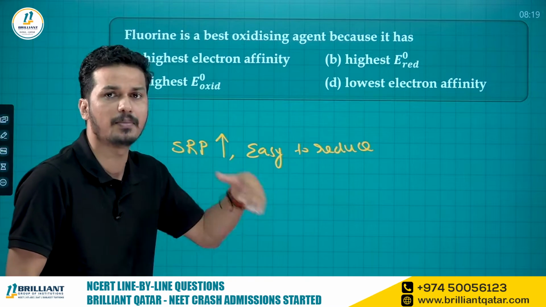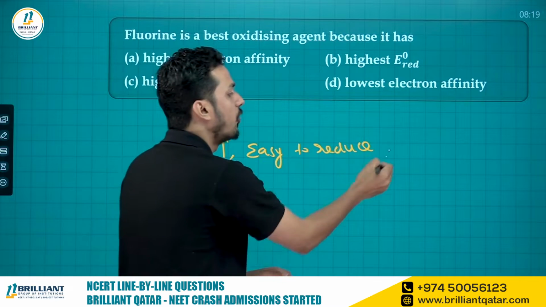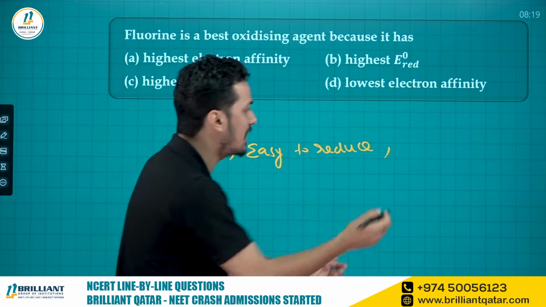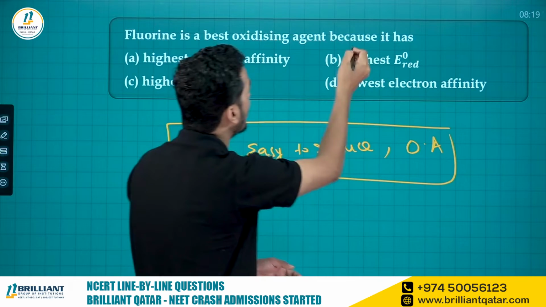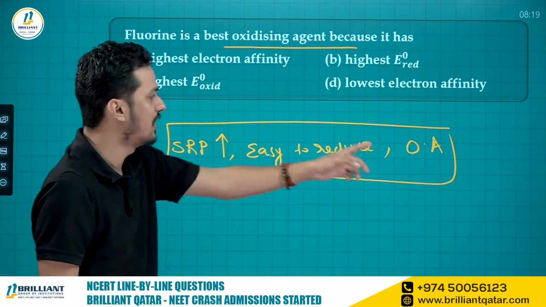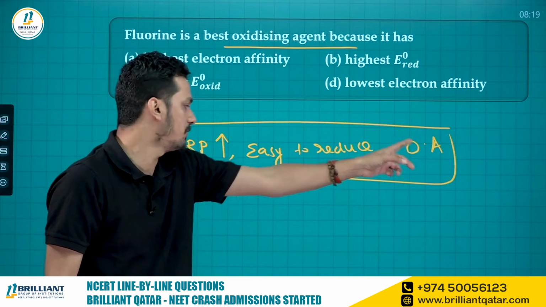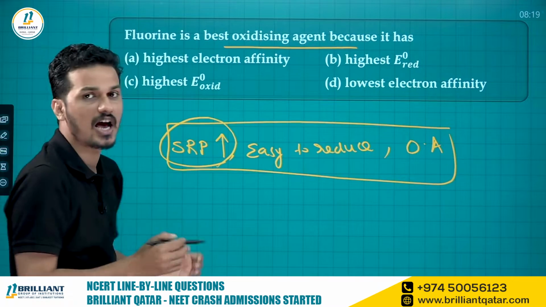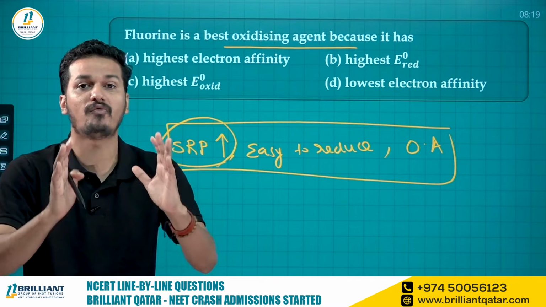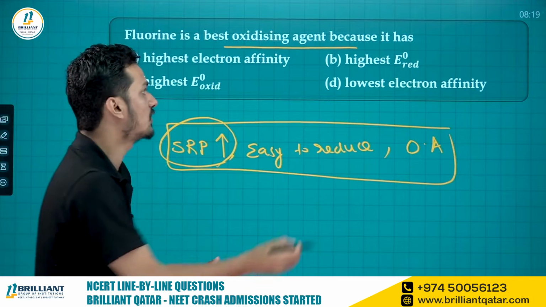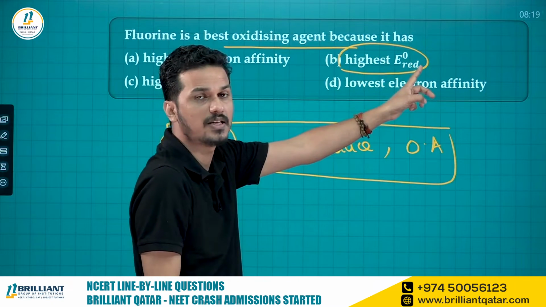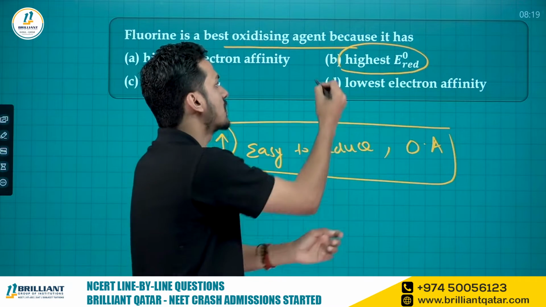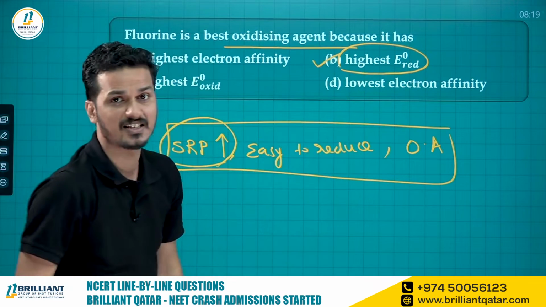That reduction tendency will be more, meaning the one which undergoes reduction can act as an oxidizing agent. So if it acts as an oxidizing agent, its standard reduction potential should be very high. So this is the highest. E0 red means standard reduction potential. So option B is the correct answer.